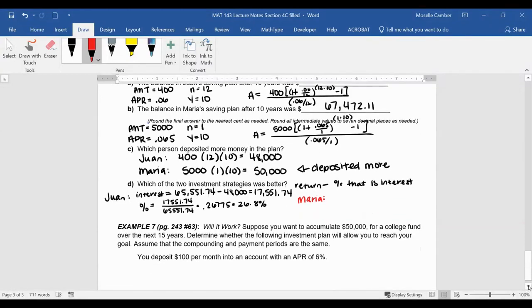Okay, so for Maria, we're going to do it the other way. So we're going to figure out the percent that is your principal first, and then subtract that from 100. So to find the percent that is principal, you're going to put the amount that she put in. So she put in 50,000, and her balance was 67,472.11.